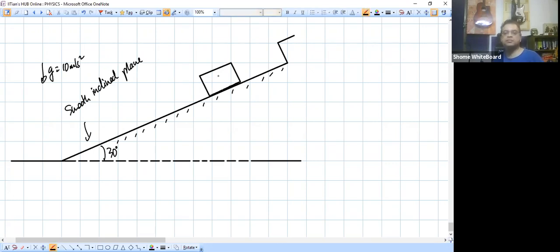This is of mass m, and again there is a light thread which is keeping it from sliding down.